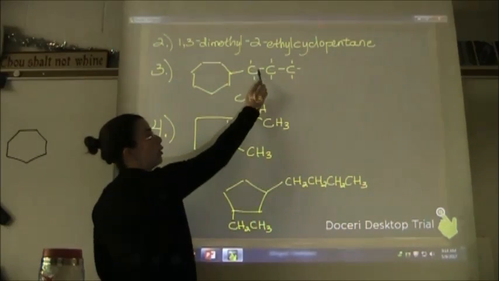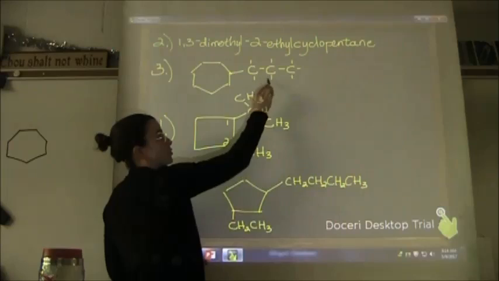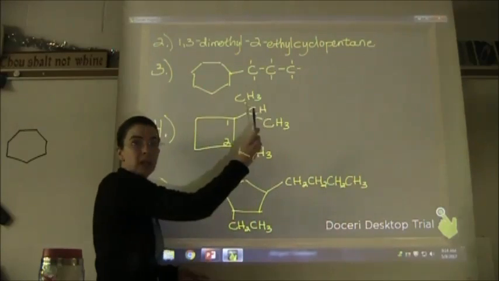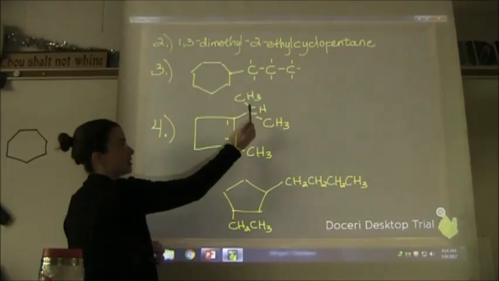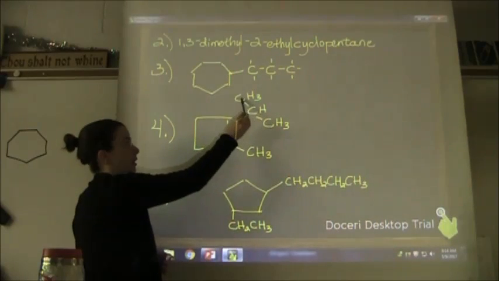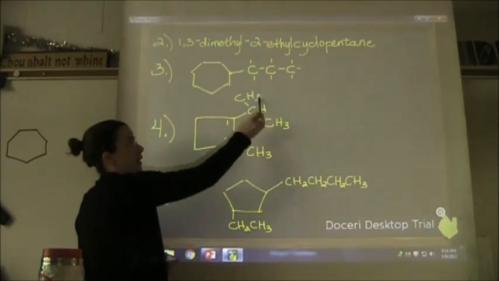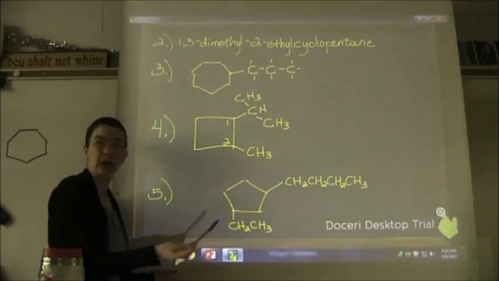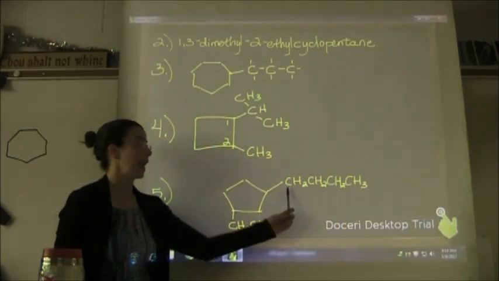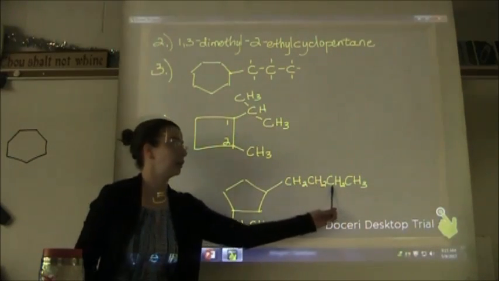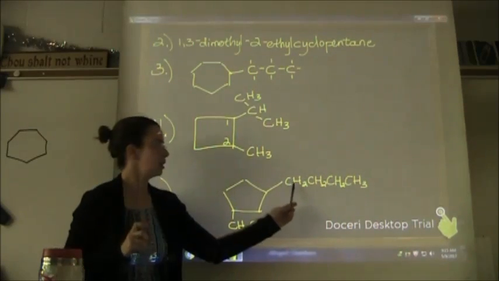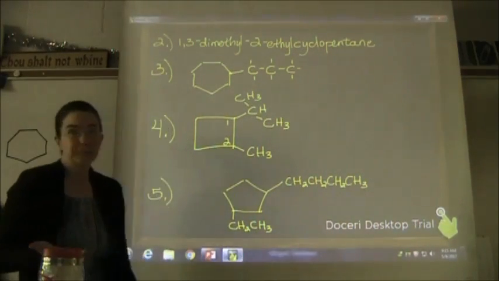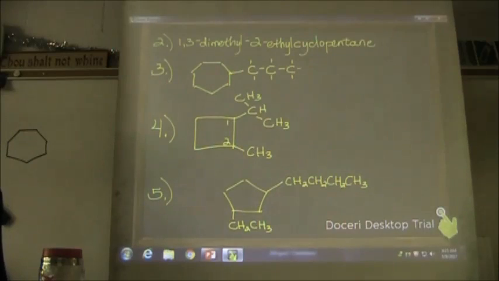You can draw it out bond by bond, hydrogen, hydrogen, hydrogen, hydrogen. Or you can draw them out like this, still showing some of the bonds, but collapsing it down a little bit. Or you don't have to show any bonds at all and just draw it like this.